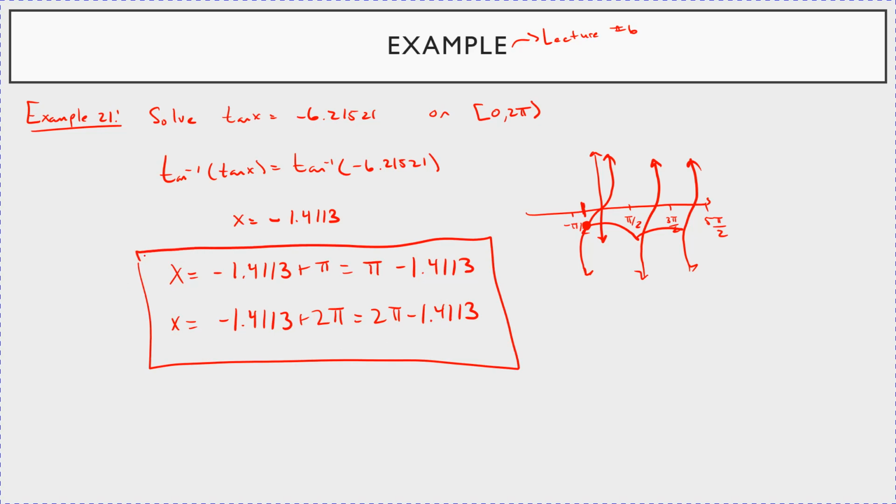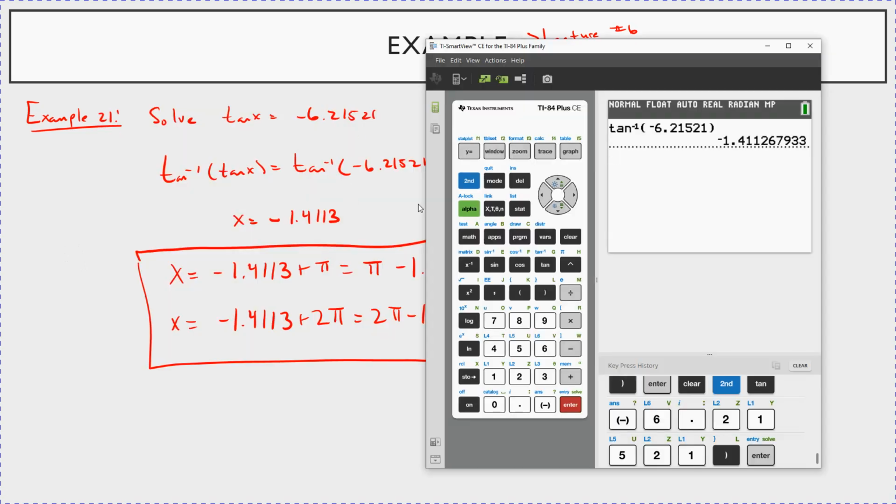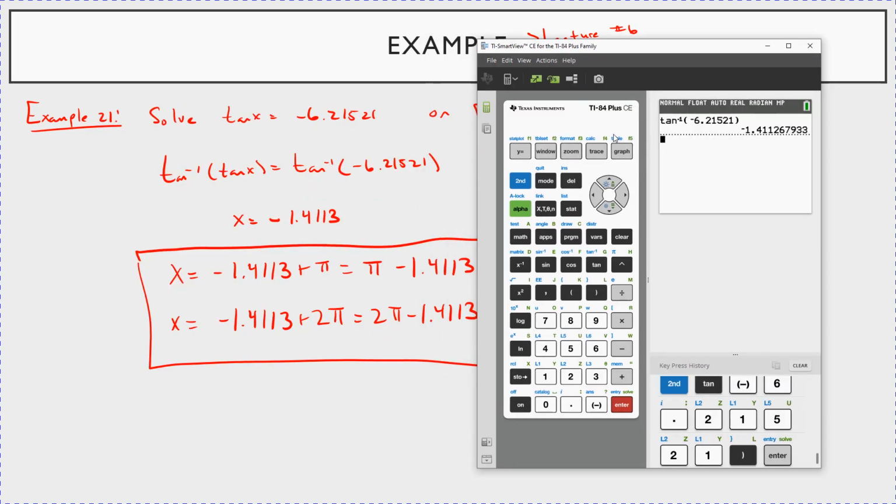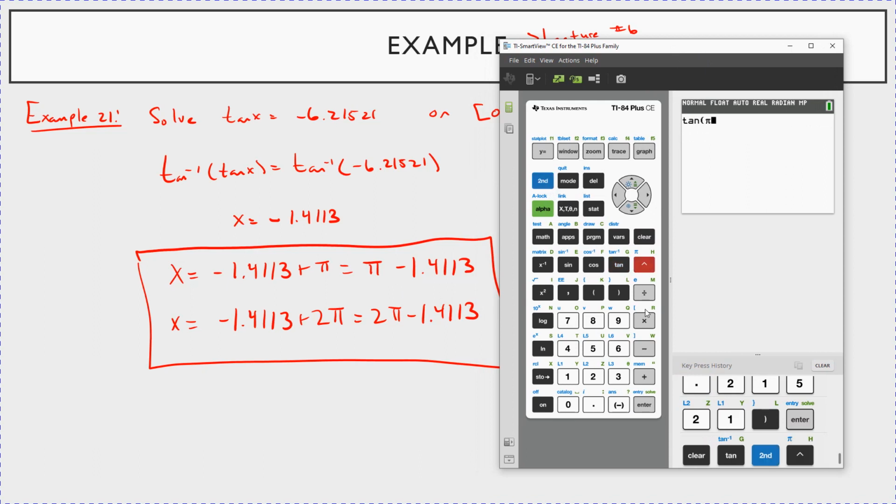Just to show you that this is indeed the case, watch when I use my calculator. If I take tangent of pi minus 1.4113, it's a little off because I rounded, but you can see it's really close.